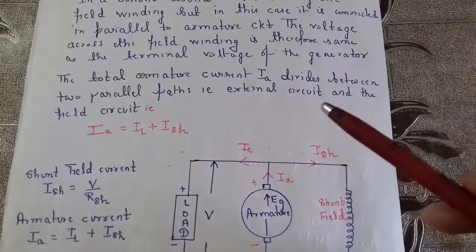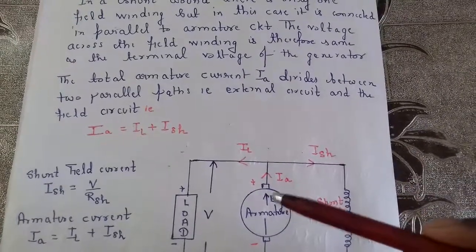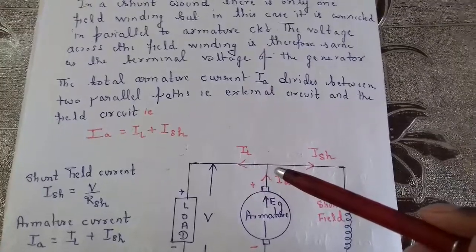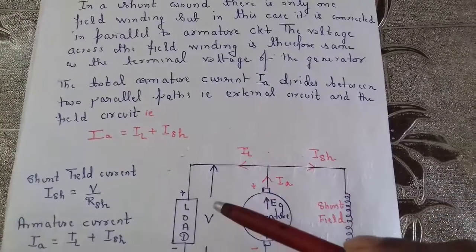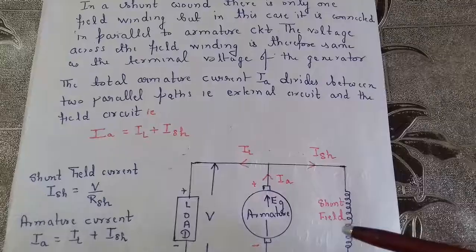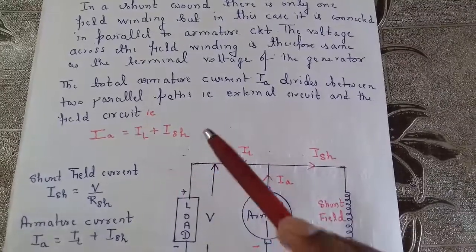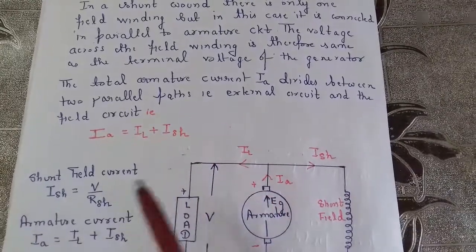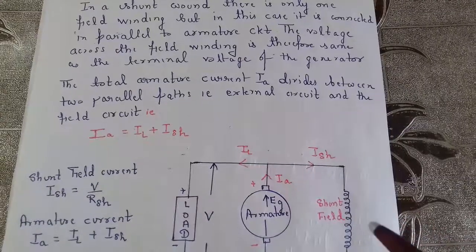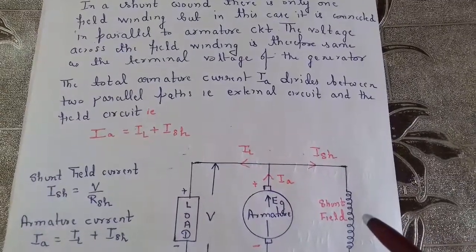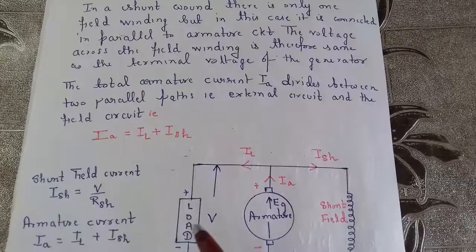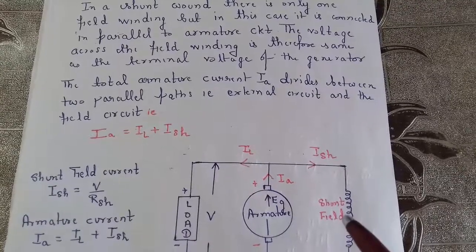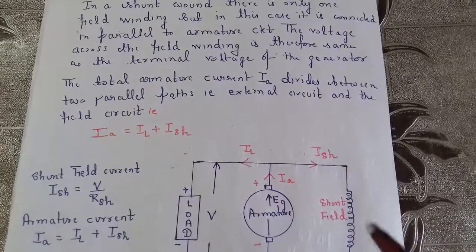The total armature current Ia divides between two parallel paths, that is the external load circuit and the field circuit. So Ia will be equal to IL plus Ish. The voltage across the shunt field winding will be equal to the terminal voltage, so shunt field current will be equal to V upon Rsh.